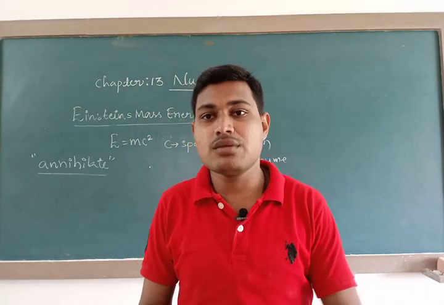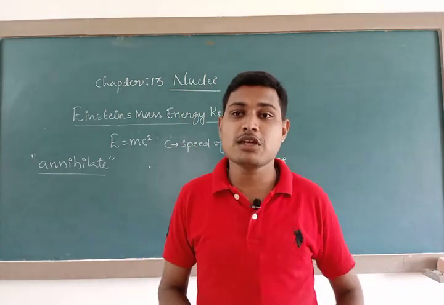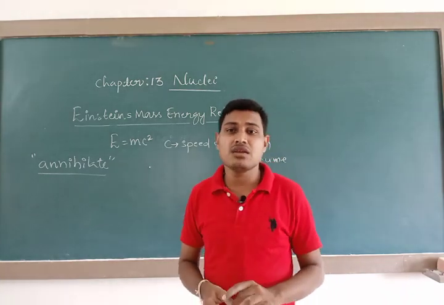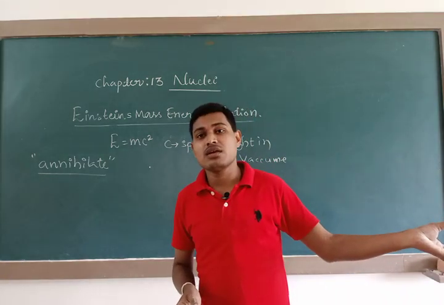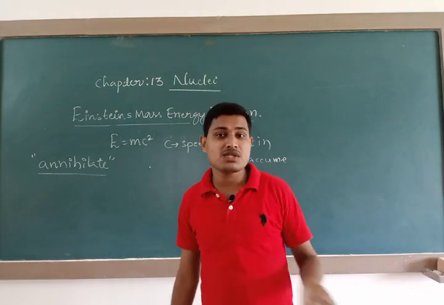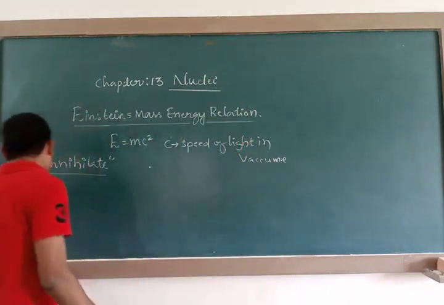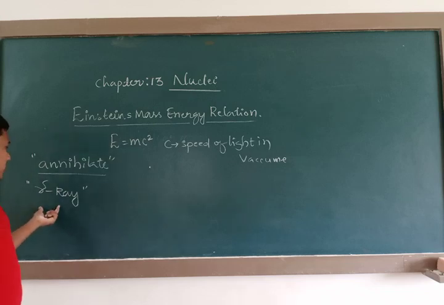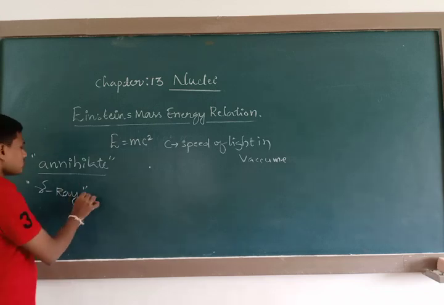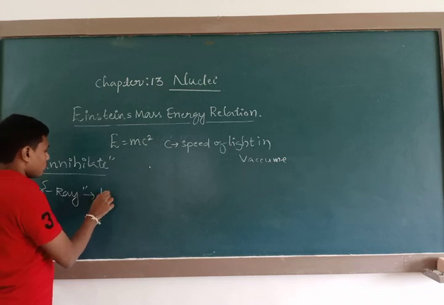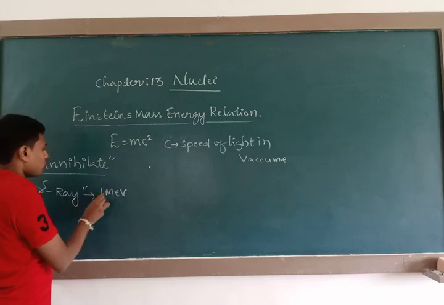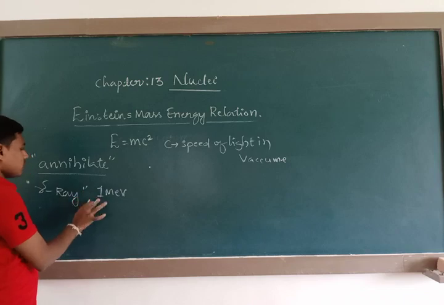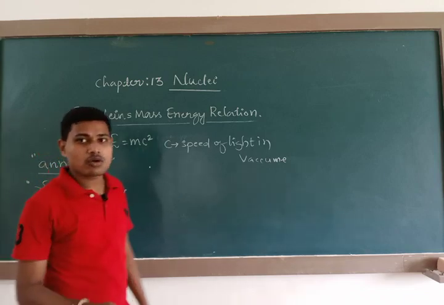After the annihilation, mass is converted into energy, and according to Albert Einstein, the energy they emit is gamma ray, which is also a radioactive ray, of some particular energy of around 1 million electron volt, or 1 mega electron volt.